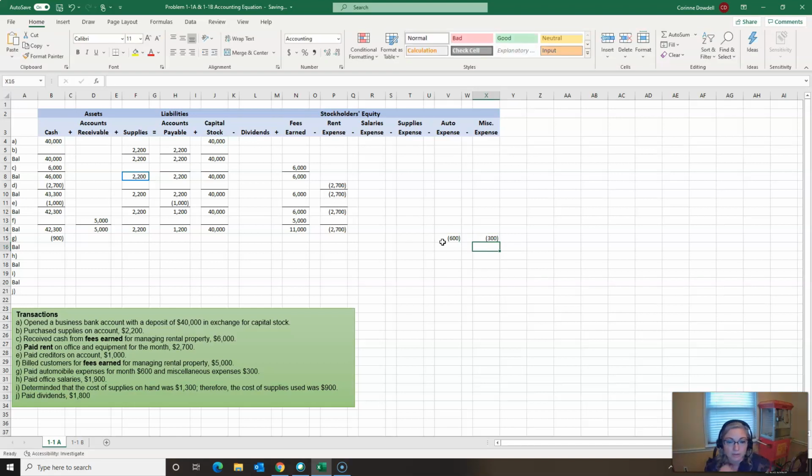Now you might be thinking, well, you're putting it in as negative, but really the amount that we paid in expenses has gone up. That is correct. We're not thinking in terms of debits and credits right now. We're thinking in terms of the accounting equation and remembering that any expenses is money coming out of stockholders' equity. Okay?